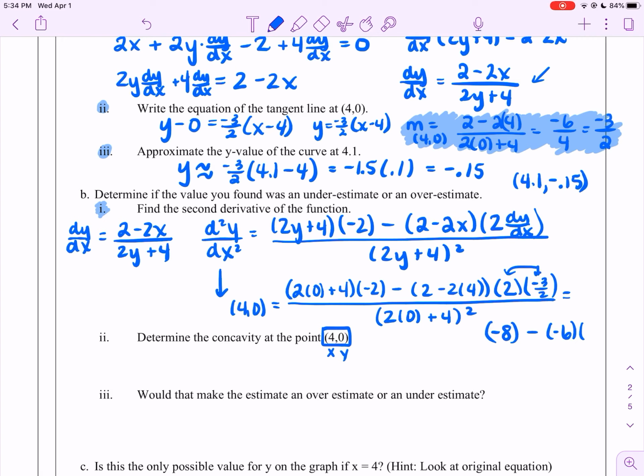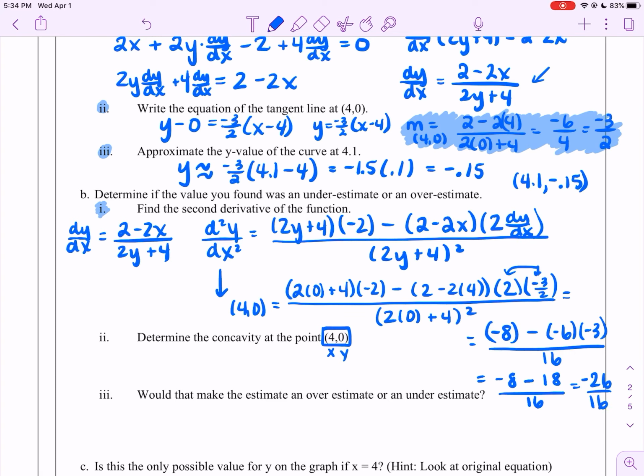We have 2 times negative 3 over 2, that will be a negative 3, and this will be all over 4 squared, which happens to be 16. We just need to finish cleaning this up. We have negative 8, minus 18, all over 16. That is a negative 26 over 16.